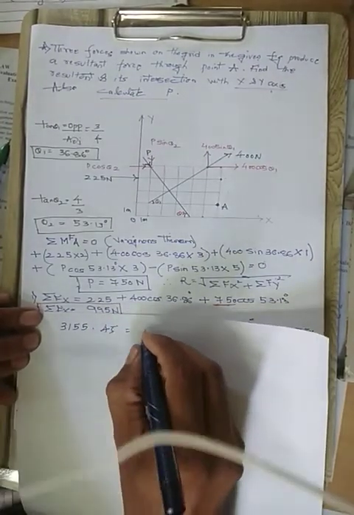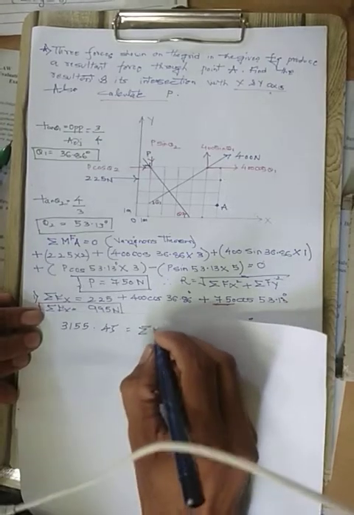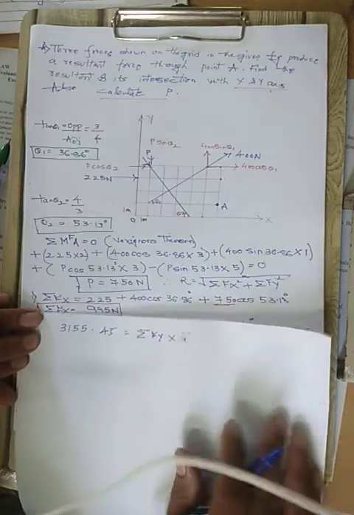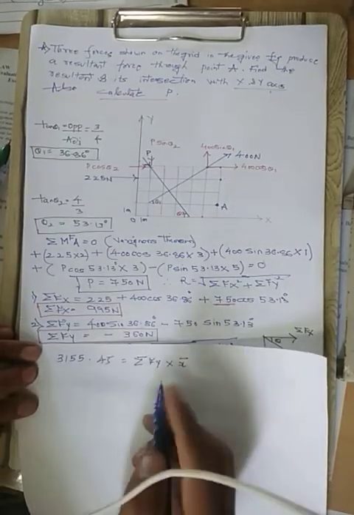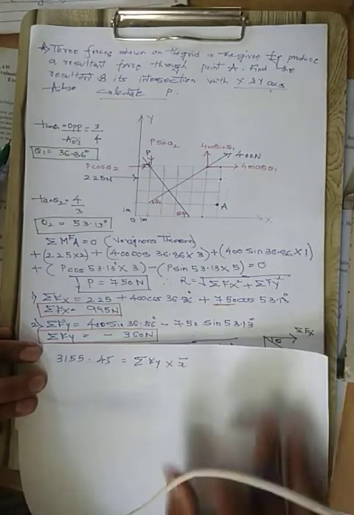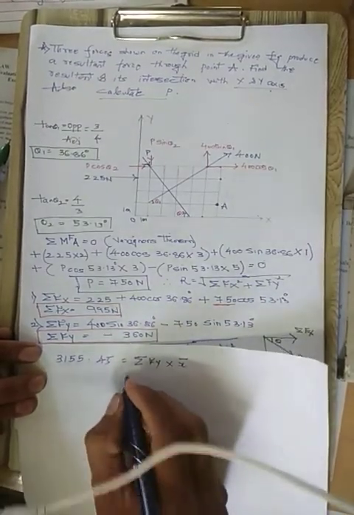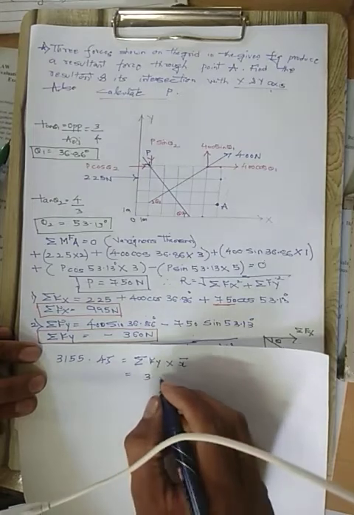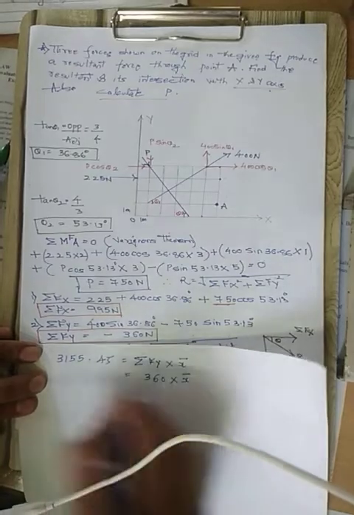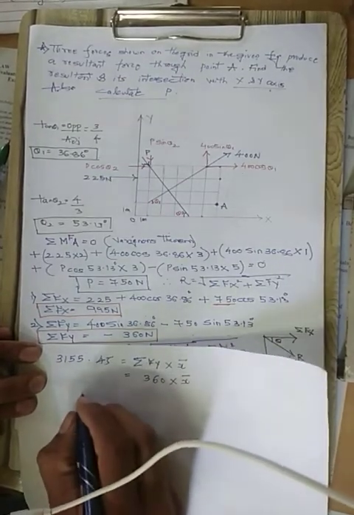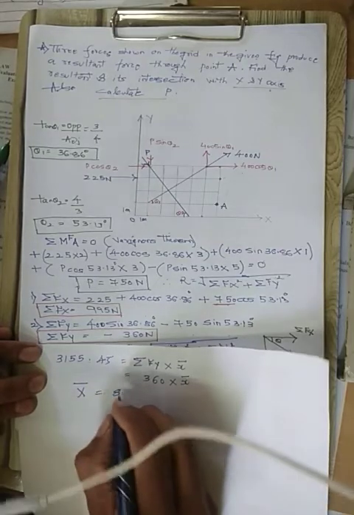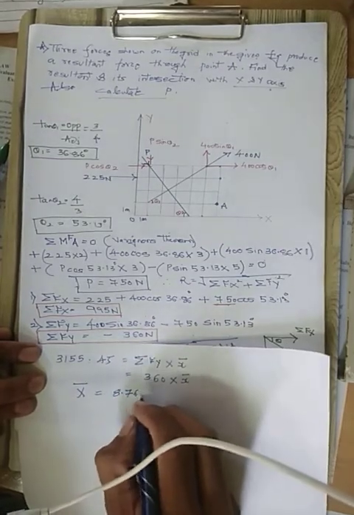That is equal to what the calculations we have equated with, Fy into x bar. So what is Fy? 360. So no need to take the minus sign because the downward force is there. So downward itself indicates the negative. So Fy we have taken as 360 into x bar. So dividing 360, x bar comes to be, simple calculations, 8.76 meters.